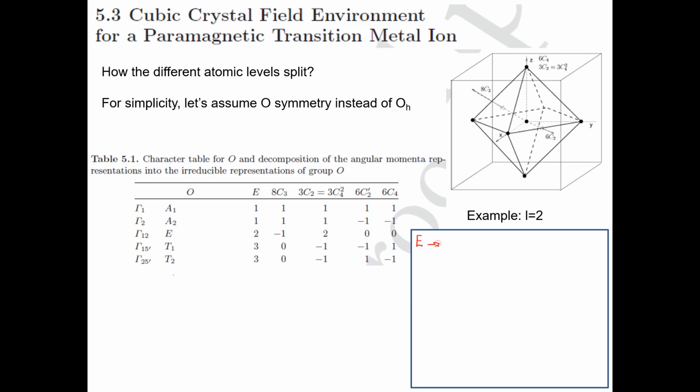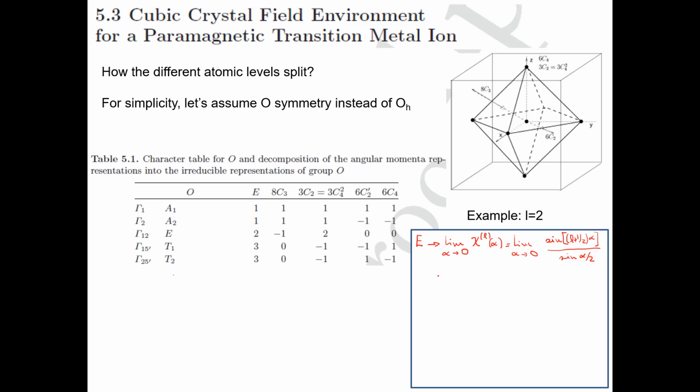So basically I have to take the limit when alpha goes to 0 of the character chi L of alpha, which is the limit when alpha goes to 0 of sine of (L plus 1/2) alpha divided by sine of alpha over 2.